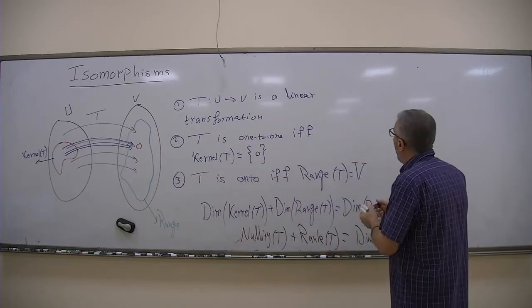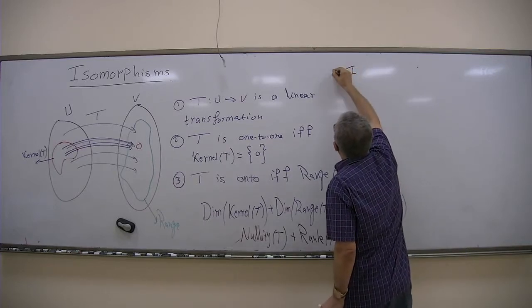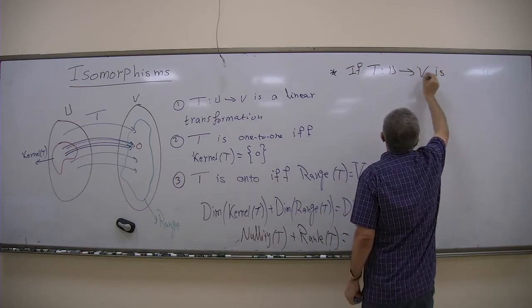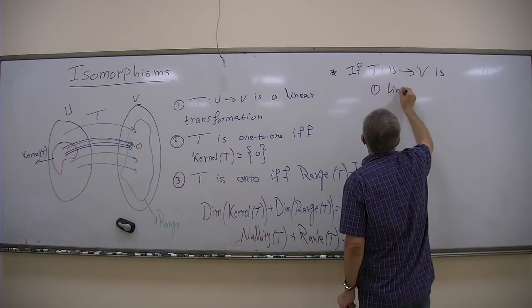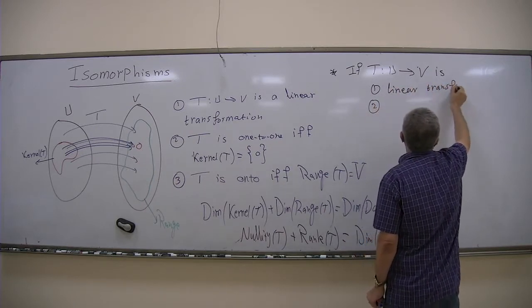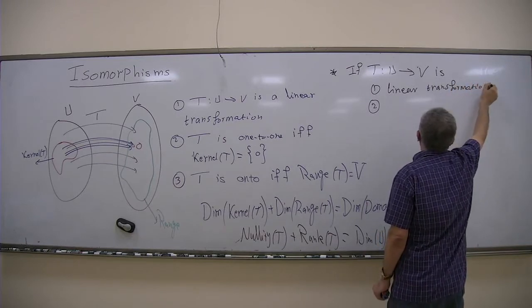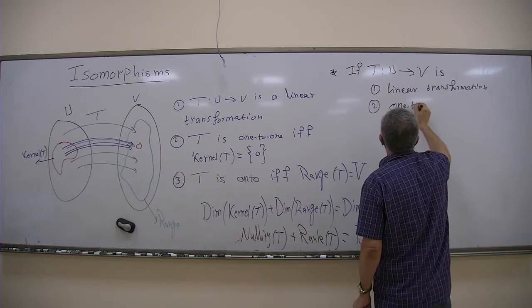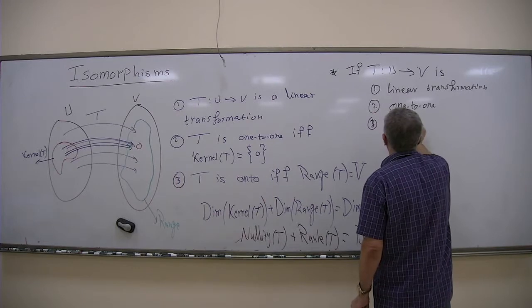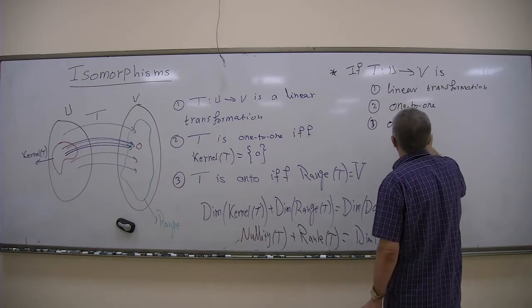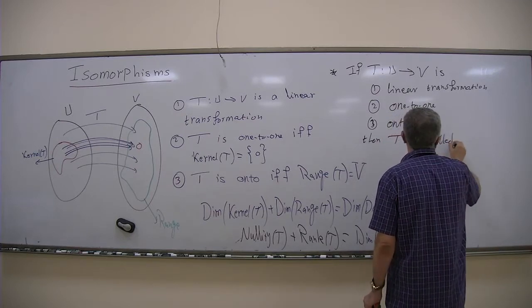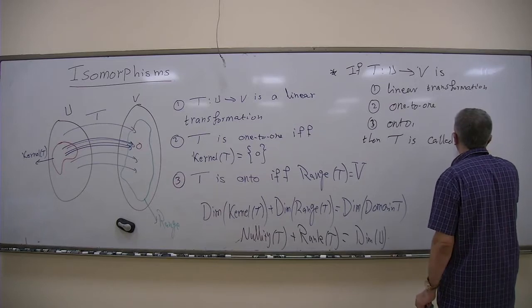So if T from U to V is, one, a linear transformation, two, one-to-one, and three, onto, then T is called an isomorphism.